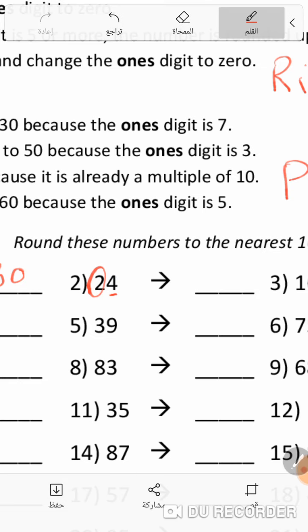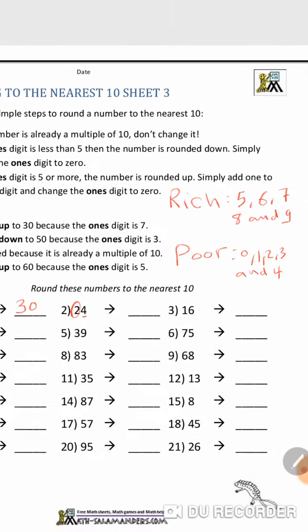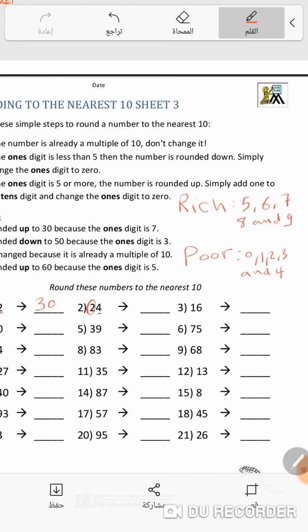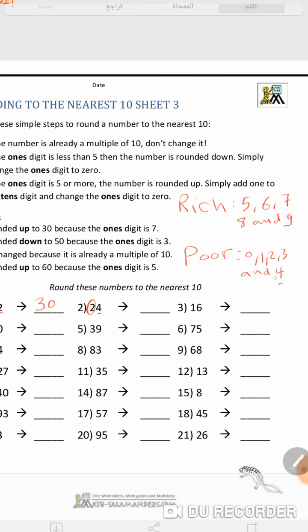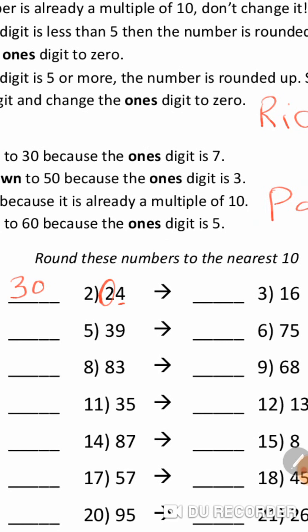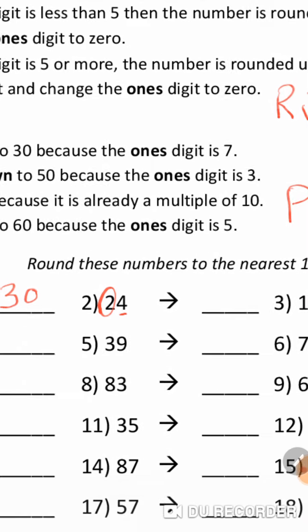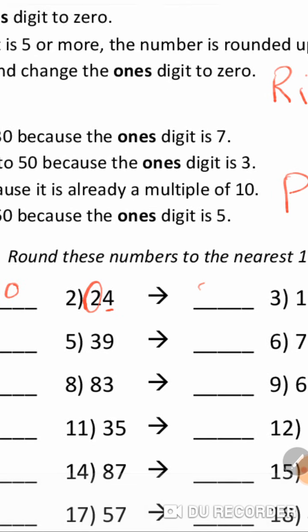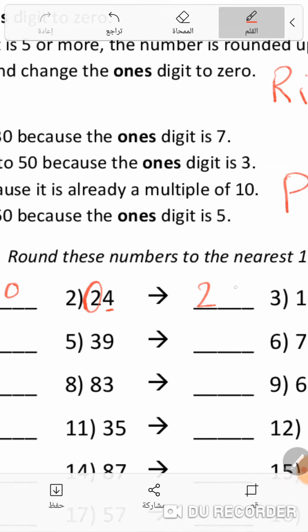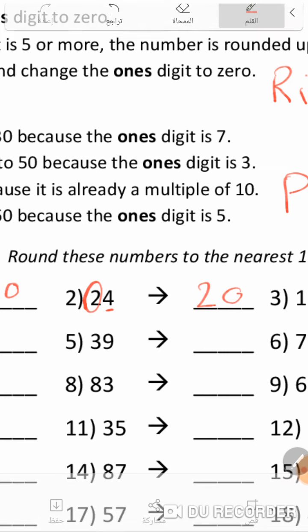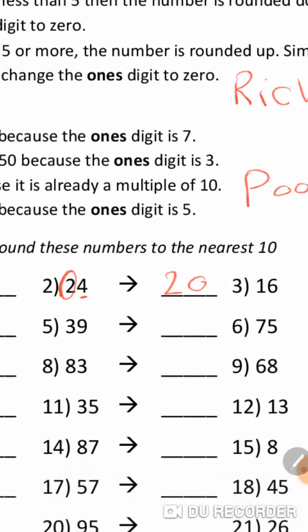I want to know now, 4, a rich number or poor number? The 4 here, poor number. It can't give anything to the number in the tens place. So the 2 in the tens place stays 2 and say bye-bye to the ones place. I don't need you anymore.